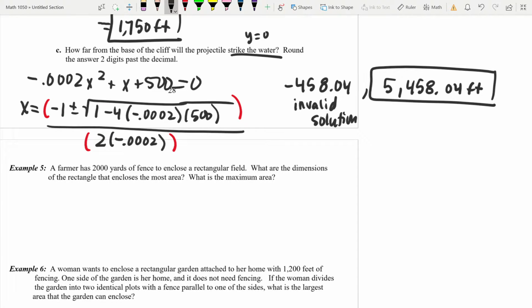We're done. Why not take an extra 30 seconds and check, right? Everybody hit store, enter. And then I want you to go negative 0.0002, membar, enter, x squared, plus membar, enter, plus 500, enter, bam. Got it right.